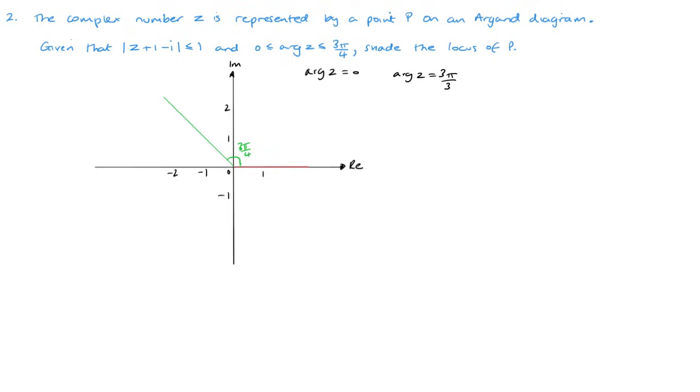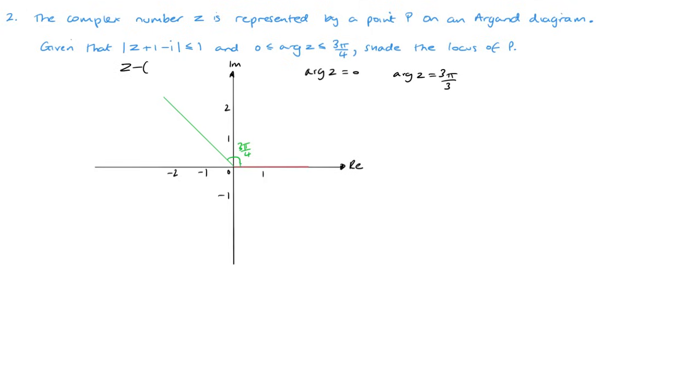Okay, so here we're going to be shading between that. So that will be in this region. But of course, it's not just this region, we've also got this circle. So let's draw this circle next. Let me switch back to my black pen.